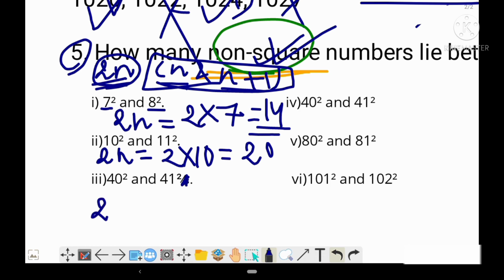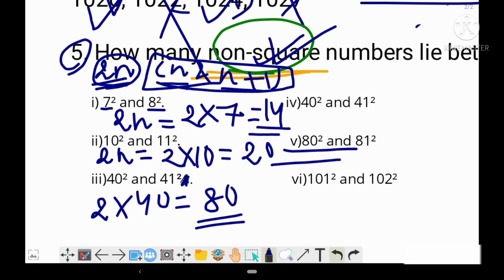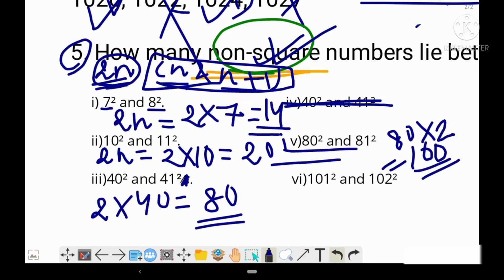So 2 into 40 means 80. 80 non-square numbers lie between 40 square and 41 square. Now the fourth is 80 square and 81 square. So 80 into 2 is 160. 160 non-square numbers lie between 80 square and 81 square.